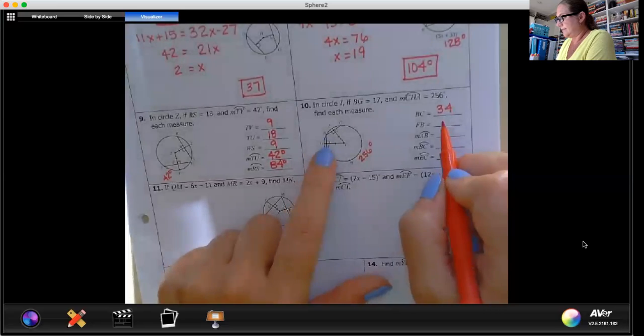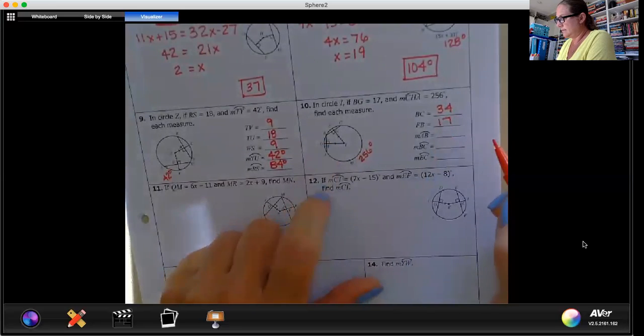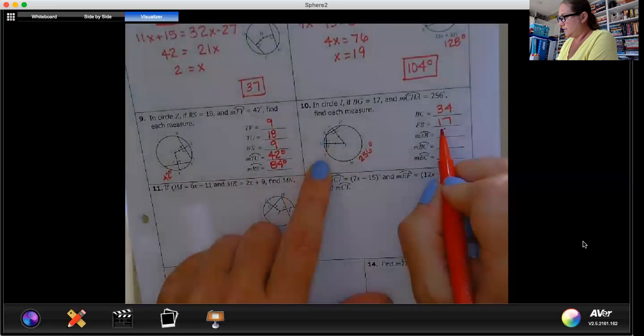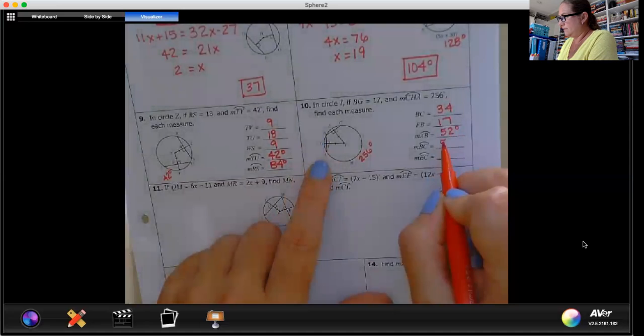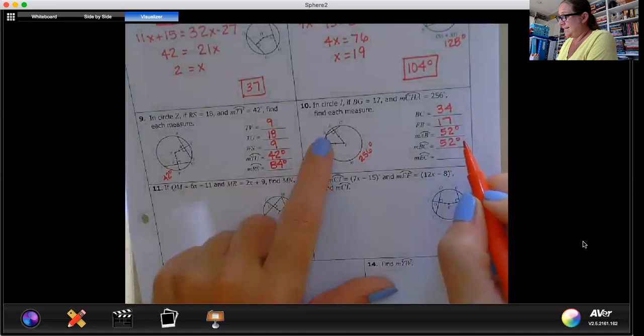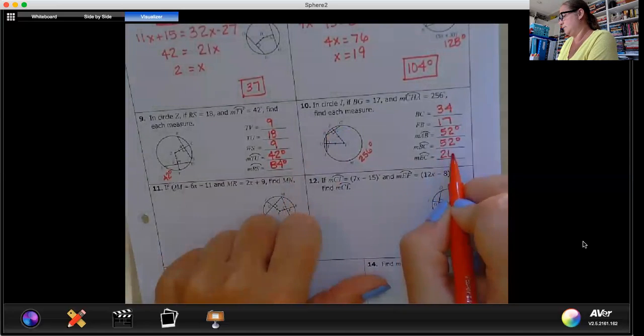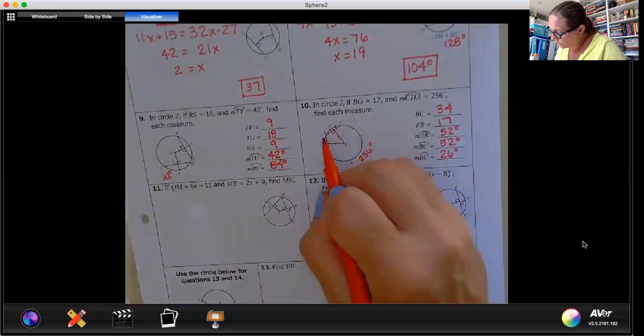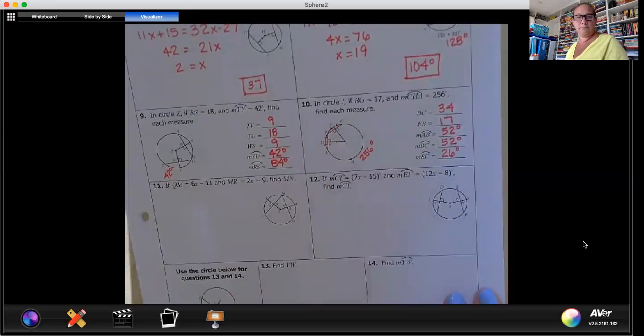FB is going to be that 17 congruence there. And we said AB was going to be half of 104, so 52 degrees, and BC will also be 52 degrees, and then EC would be half of that, which would be 26 degrees. So those 4 pieces, 1, 2, 3, 4, are all going to be congruent.